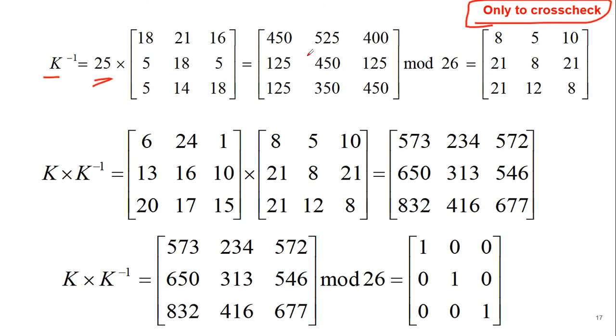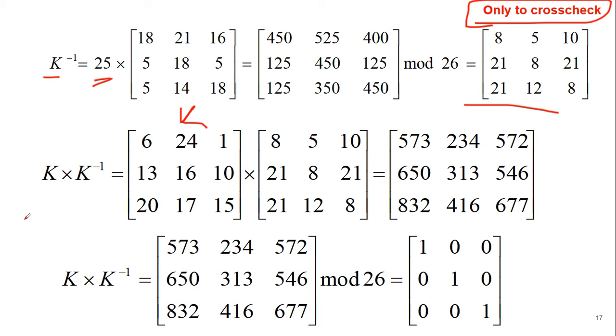So this is the matrix. So we multiply. Again the values are exceeding, so again we apply the mod 26 operation. This is our matrix. Now we multiply our original key and the K inverse, and after multiplying the values exceed again. Again we apply the mod 26 operation and we are getting the identity matrix, 1 1 1 with 0 elsewhere.